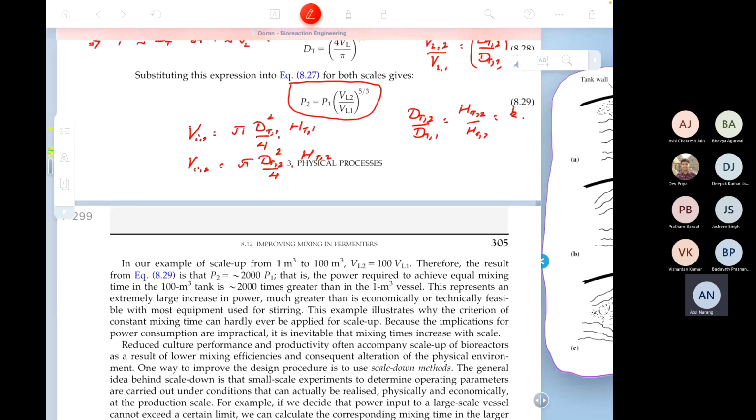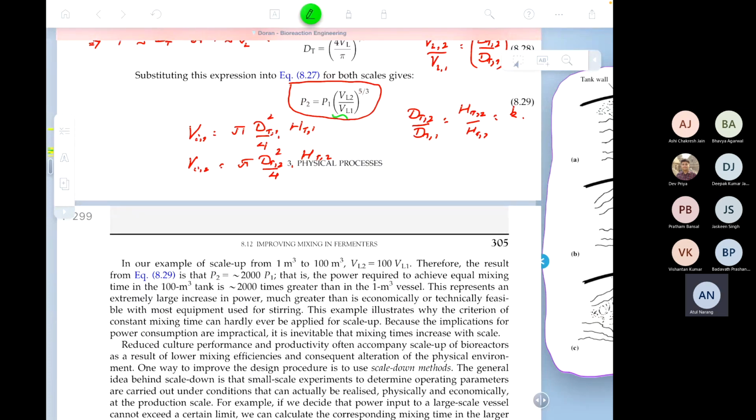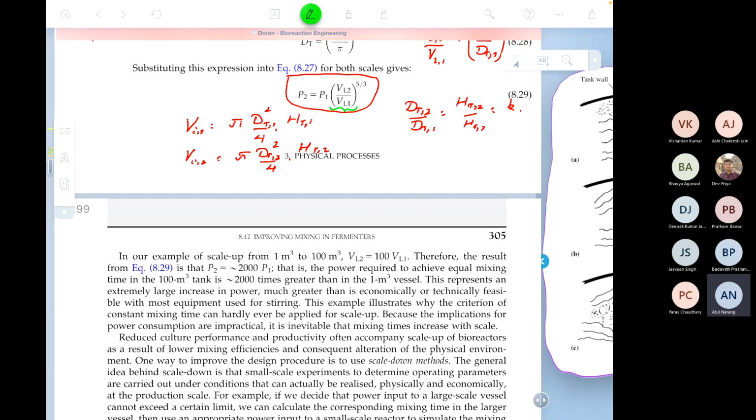That means this quantity here is 100. So the ratio by which you have to increase the power is basically 100 to the power 5 over 3, which turns out to be approximately 2000 times. Now, a 2000-fold increase in the power, you can never get.